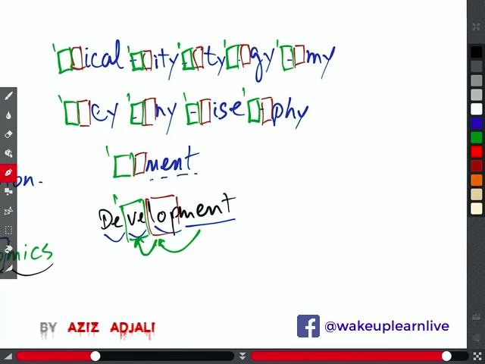We take another one, memorize. You can find it with Z, and there is no difference because both are correct. One of them is British and the other one is American, so no problem if you write it with Z or with S. Okay, so we take memorize.